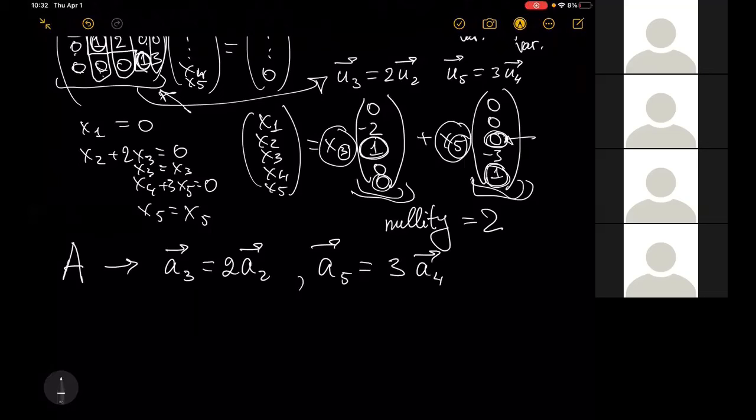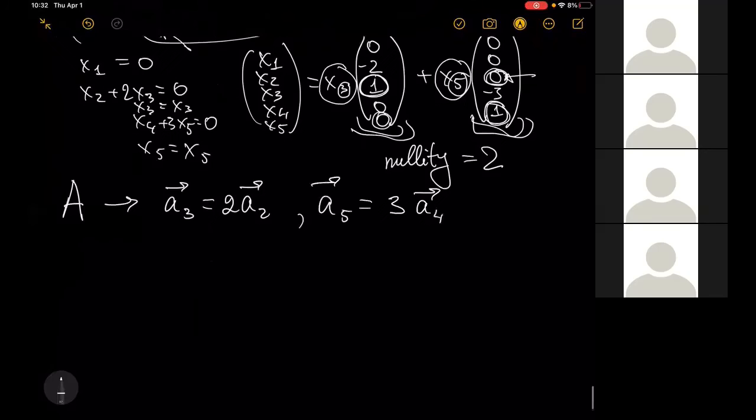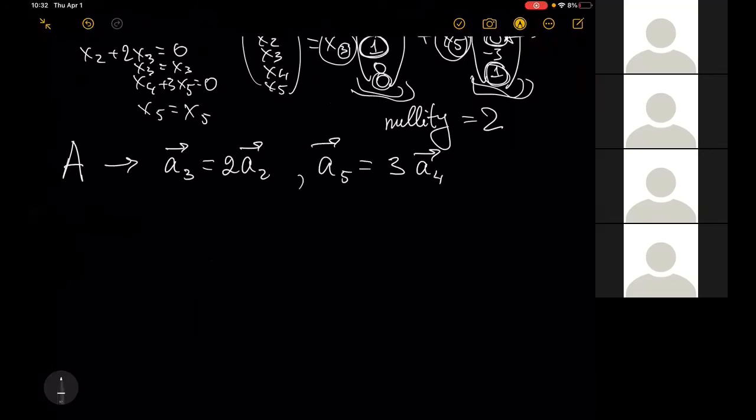Because relations between columns do not change under elementary row operations. Now, have a look. This is what will happen if I consider these column vectors, right?